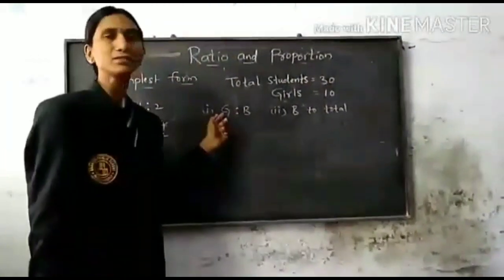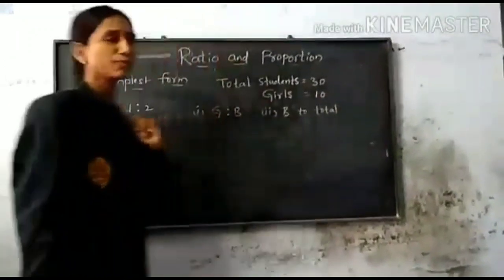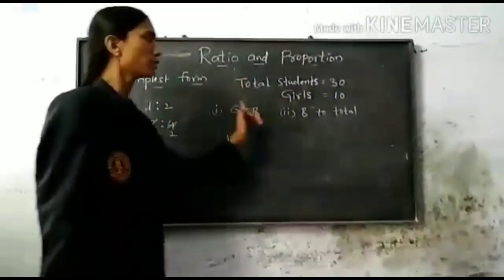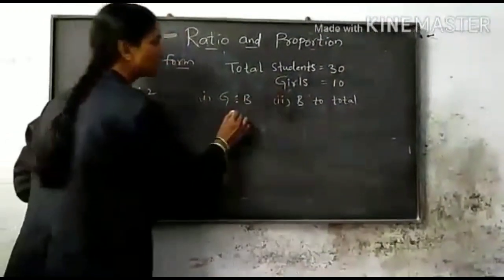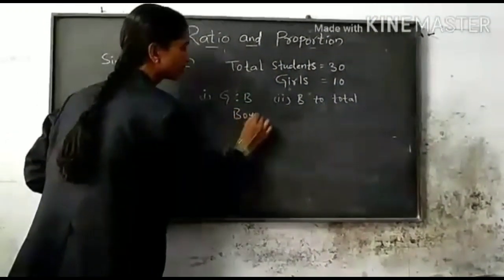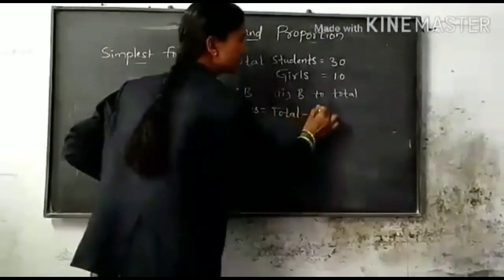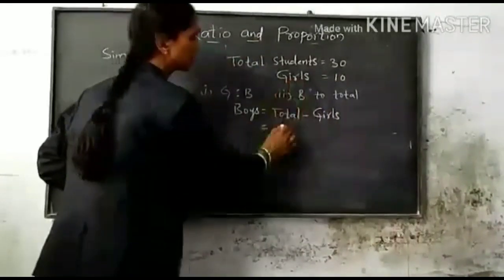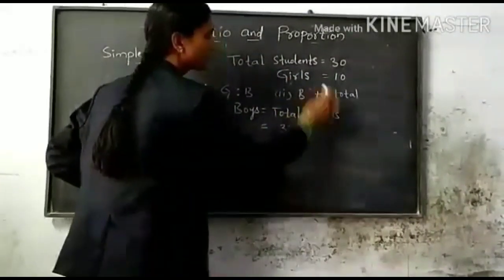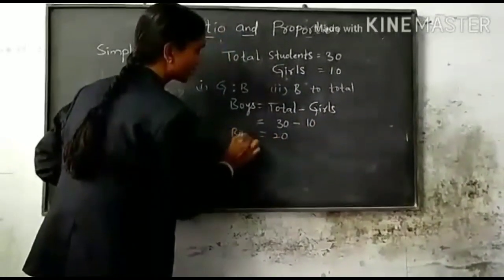Now we have to find the ratio of girls to boys, and boys to total. We don't know the number of boys here, so to find the number of boys: boys is equal to total students minus number of girls. Total students 30 minus girls 10, then we get boys is equal to 20.